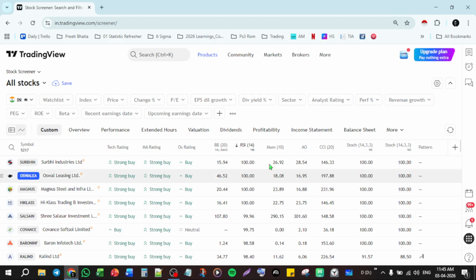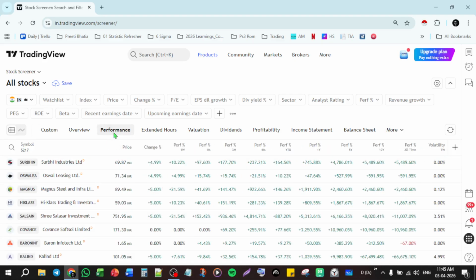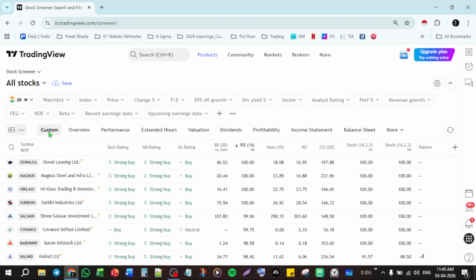Because we are in technicals, let's go to performance. Okay, I can't seem to add both. Let's say I want to only see market cap and technicals. I don't see that working here.